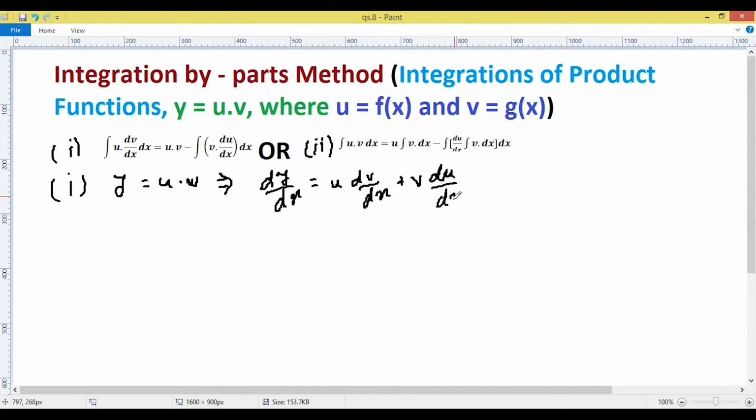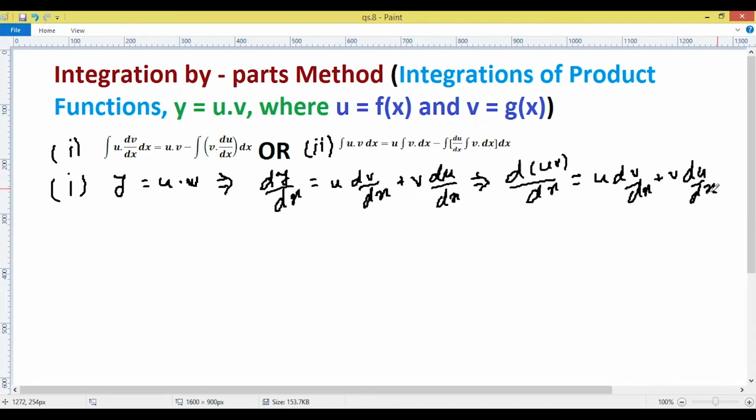Alright, so here we used the product rule, and then in place of y you can put uv, so d of uv by dx is u dv by dx plus v du by dx.